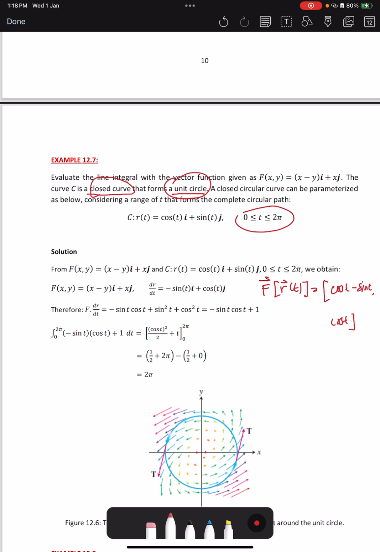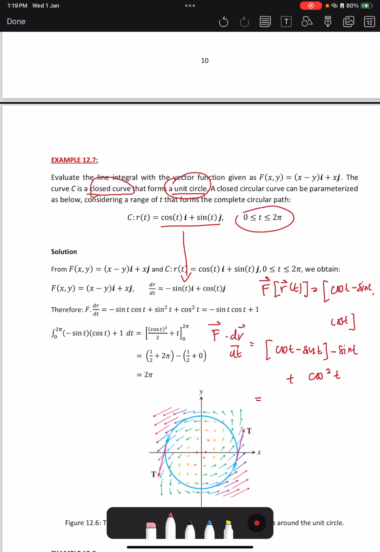The dr/dt is given as this. You differentiate the cos, you get negative sine, and you differentiate the sine, you get cos. So you do the dot product and you will get (cos t − sin t) multiplied by (−sin t) plus cos power of 2t.